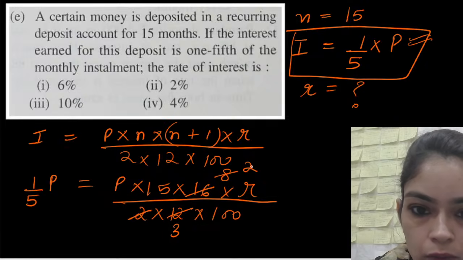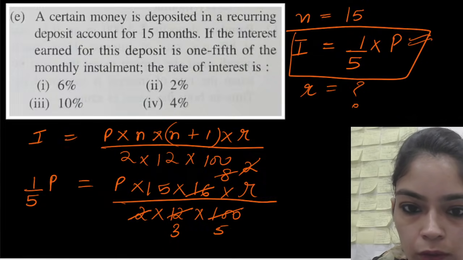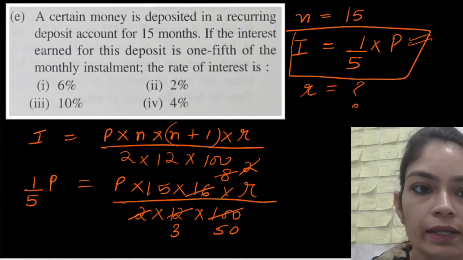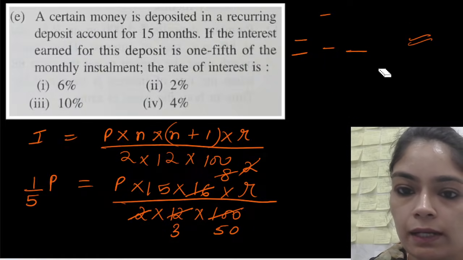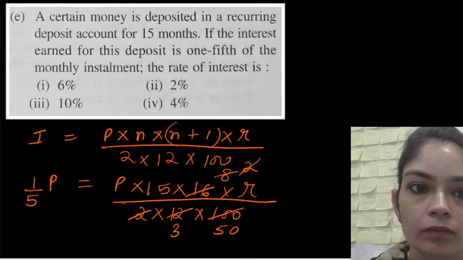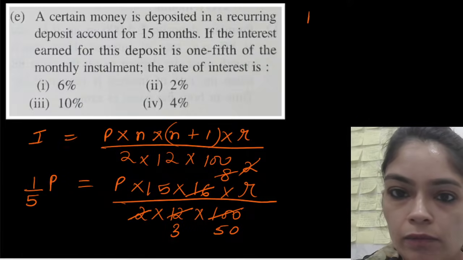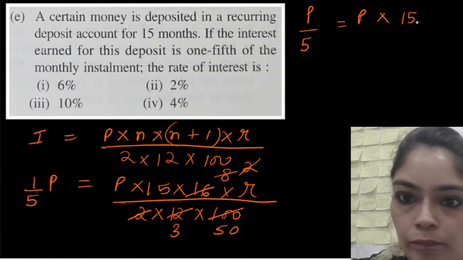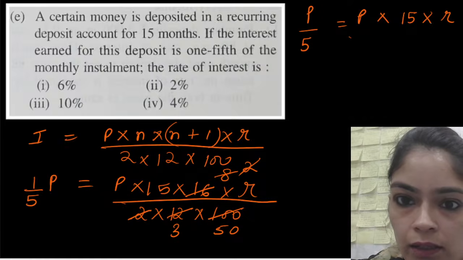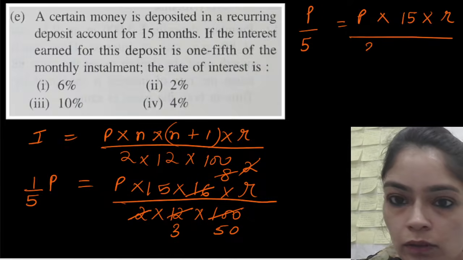Then on 2's table: 2 into 50 is 100. So let's see what we are left with now. P by 5 equals P into 15 into R, and I have here 3 into 50. That's what I am left with.